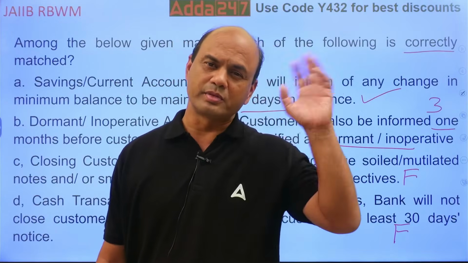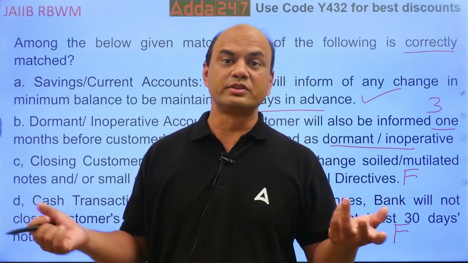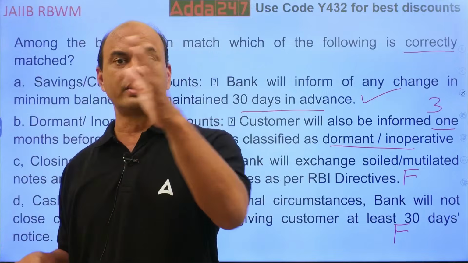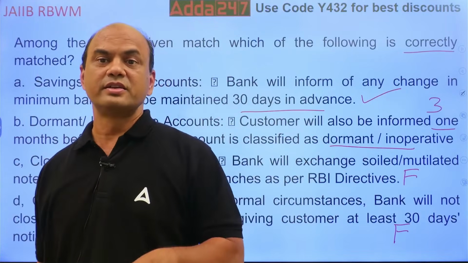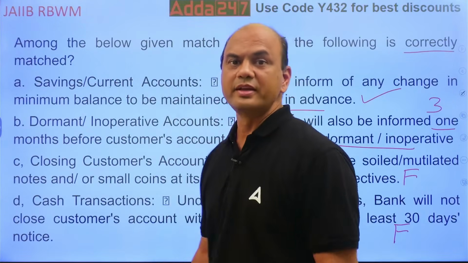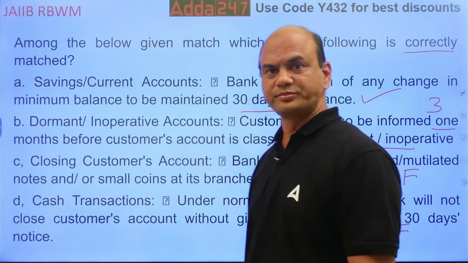But think of some northeast region branch where there is no electricity. There are certain villages on the foothills, mountains. So all these odds are to be considered. That's why the dormant account period is 3 months. Okay, got it?